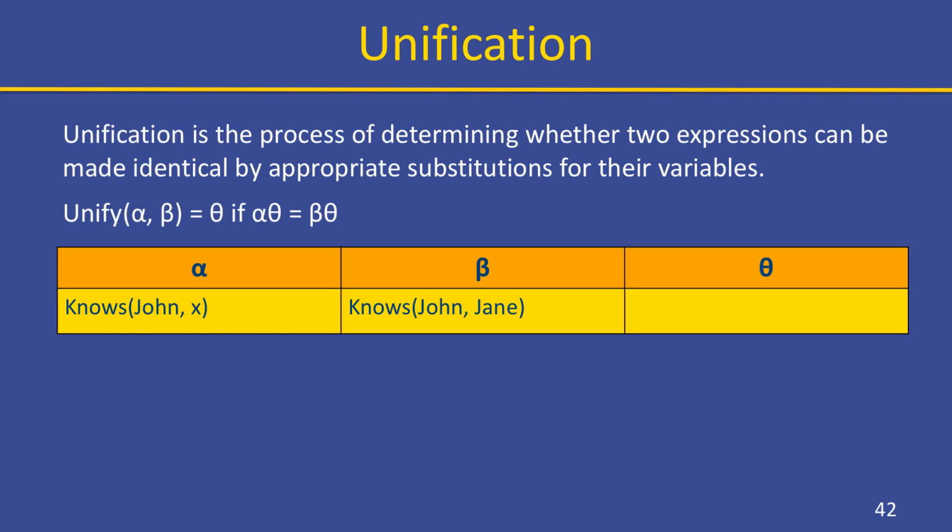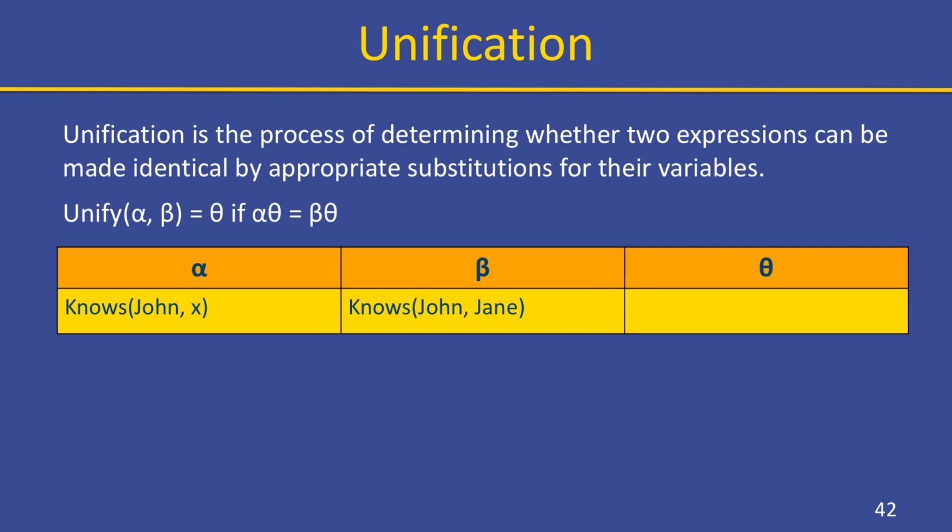So let's work through some examples here. Let's say I have the two sentences, knows John X and knows John Jane, and I'm looking for a unifier. Remember, a unifier is a substitution. So I want to find a substitution that makes these two sentences identical.